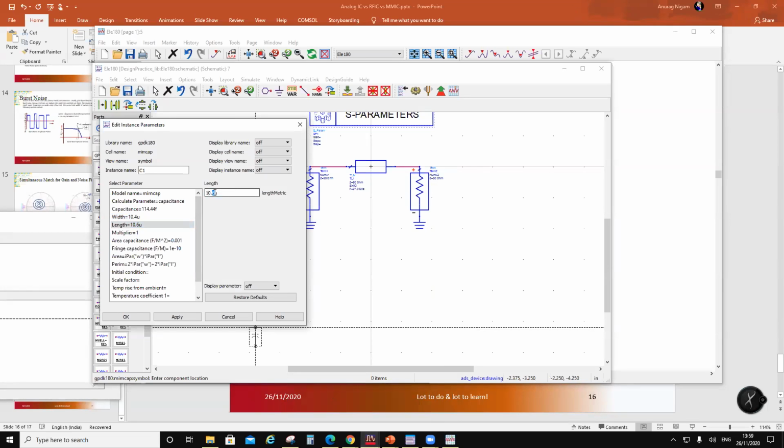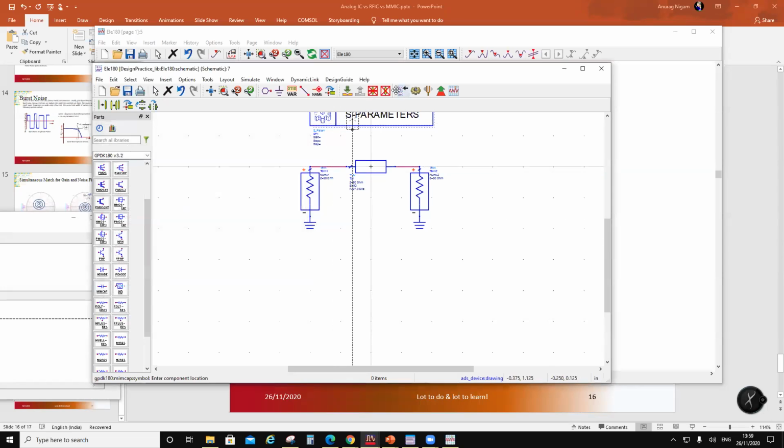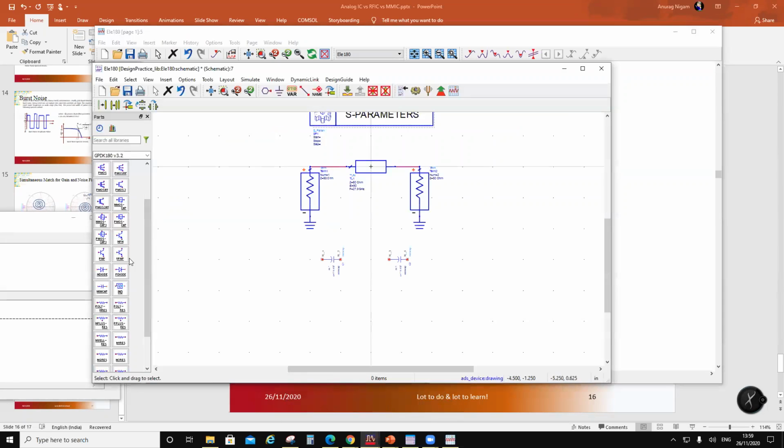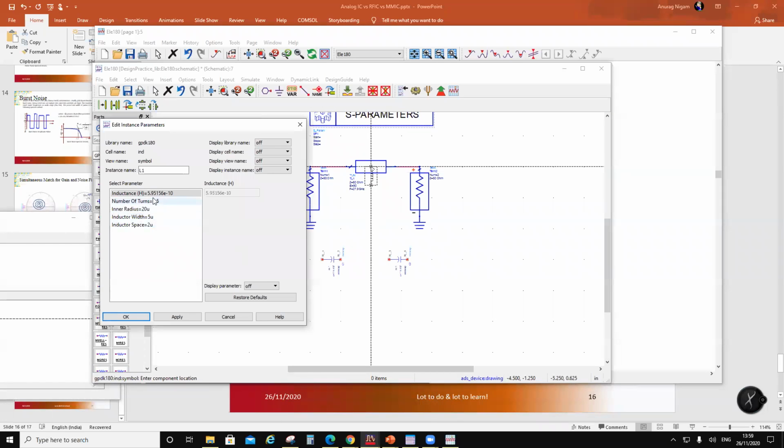Or let's say 5 and 5. That will be somewhere in between. Okay, so 114.45. So one element is this. Other element is over here. And then there is an inductor, which is 285 pico. 285.2 pico. So I'll put an inductor here.